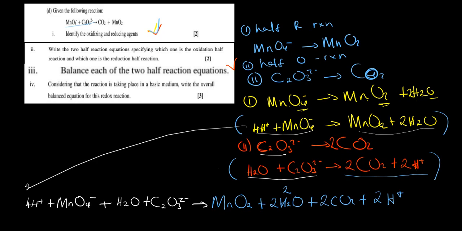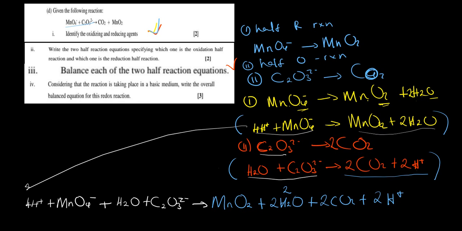All right, so what I'm going to do is, before I even do that, we need to balance the number of electrons. How do we balance the number of electrons? I really made a big mistake.